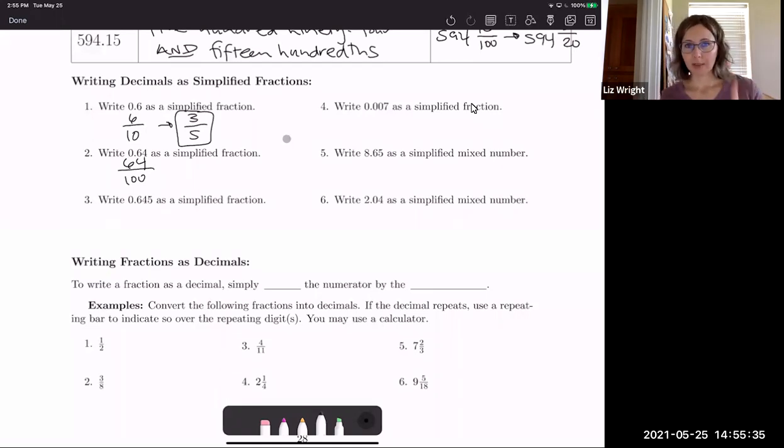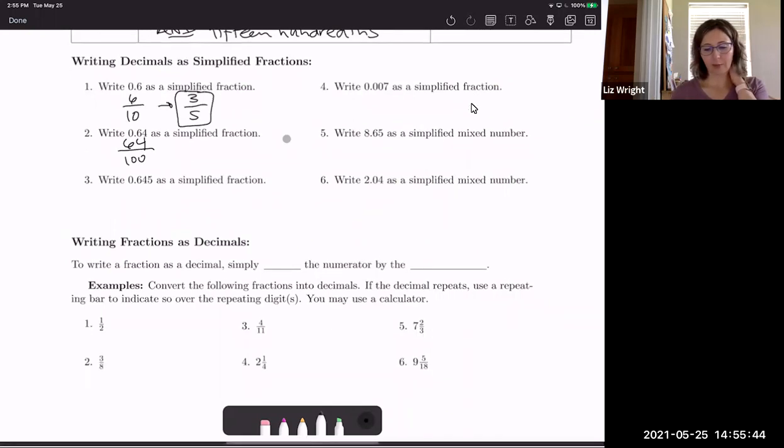So pause the video, see if you can do the rest of these, 2 through 6, on your own. And then I'll do a couple more with you down here. Pause the video right now, and then I'm going to work through the rest of these, but I want you to also work through them on your own and then hit play on the video and watch the rest of it to see how you do.